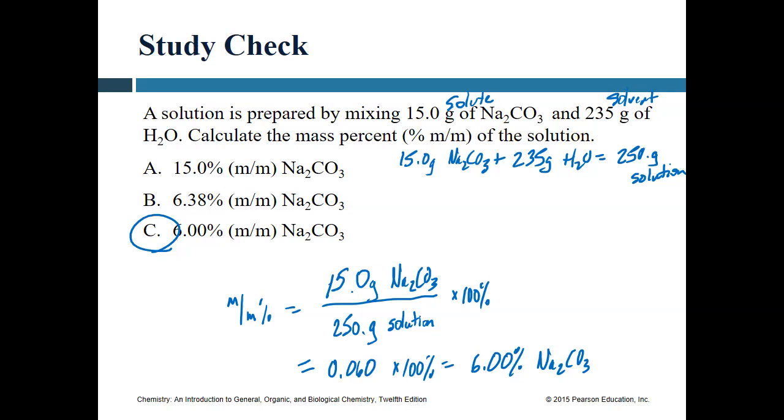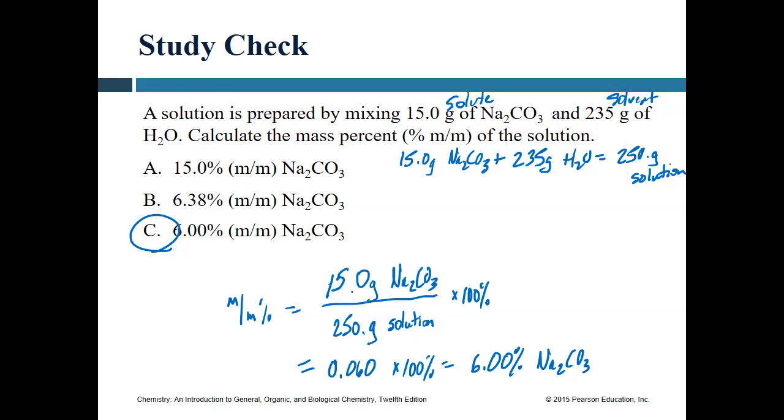Now, an important note, kind of as a closing remark here: anytime we give a concentration value, we want to make sure that we do two things. First of all, we want to make sure that we've got the unit on there, which in this case would be the percentage. And we want to make sure that we represent what the solute is, in this case, the sodium carbonate. We want both there because we want to be specific. It's this percentage of this solute.